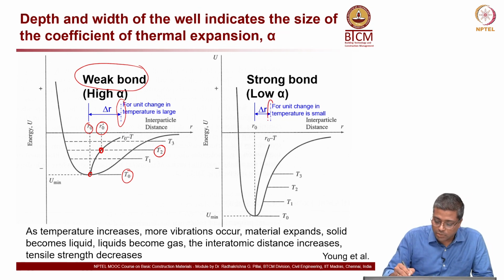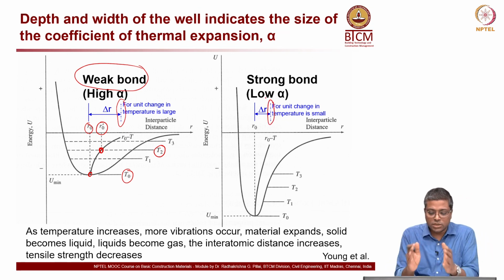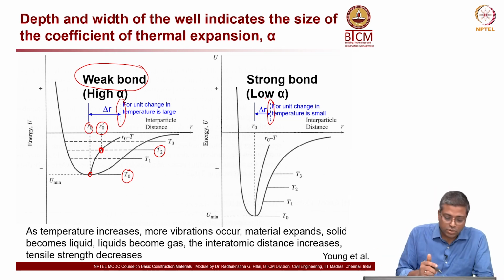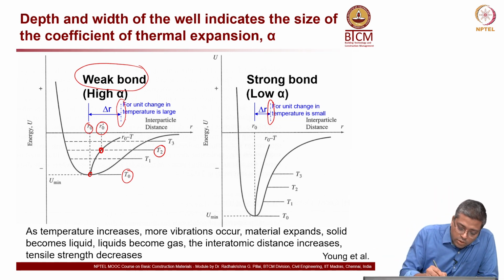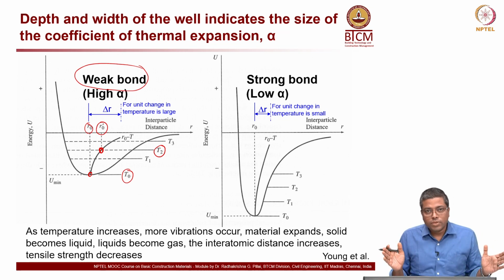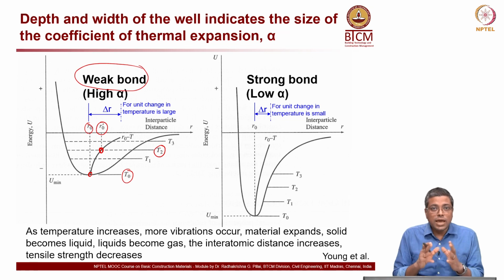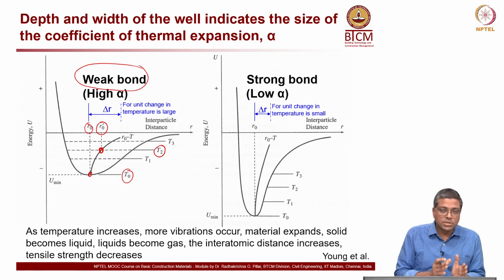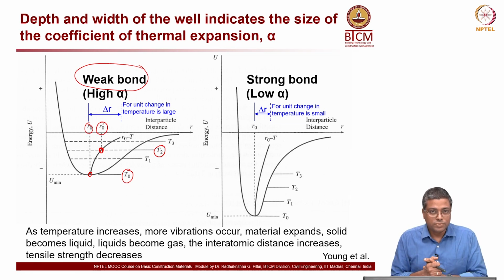Here also, the dash means it's varying, just to demonstrate that horizontal distance. Now this delta R, that means R0 prime minus R0, if it is more, that means the material dimension has changed more as the temperature changes from T0 to T2.